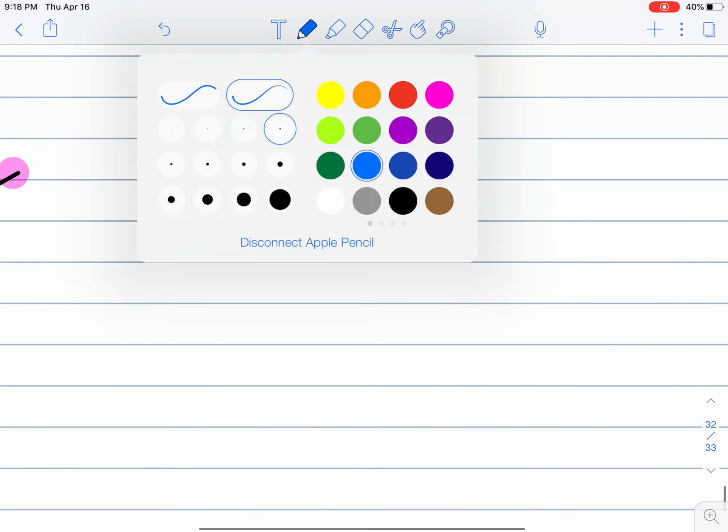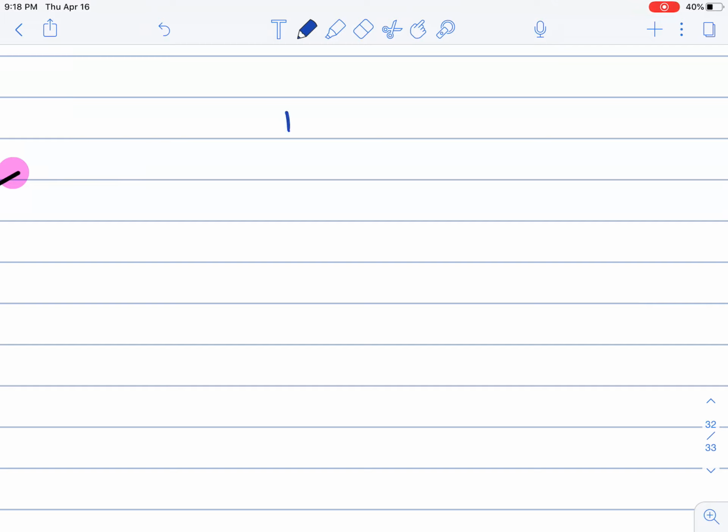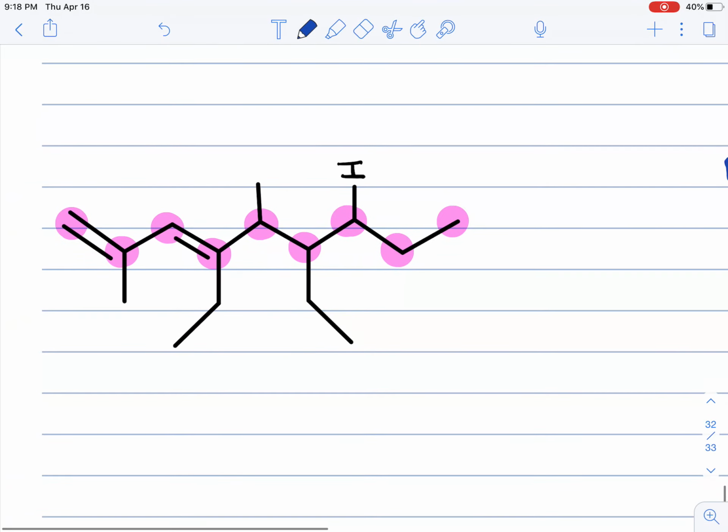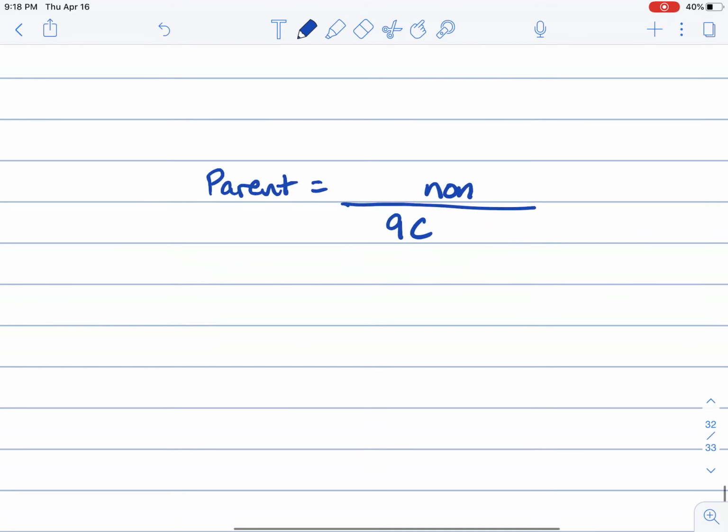And so the parent chain is going to be a 9 carbon compound, and that's going to be non, okay, that's 9 carbons. And here I have 2 double bonds, and so I need to put in nonadiene.